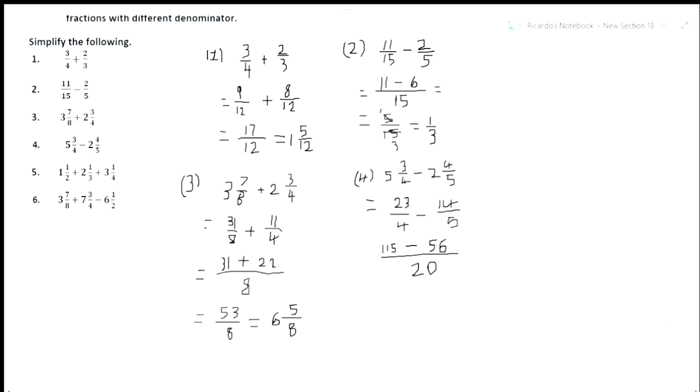Okay, so 115 minus 56 is equal to 59. That is going to equal to 59 upon 20.